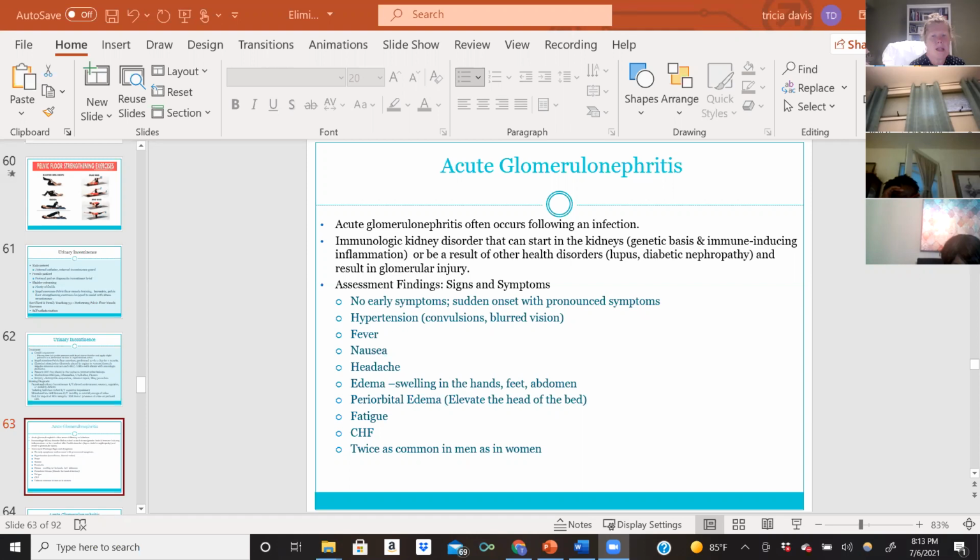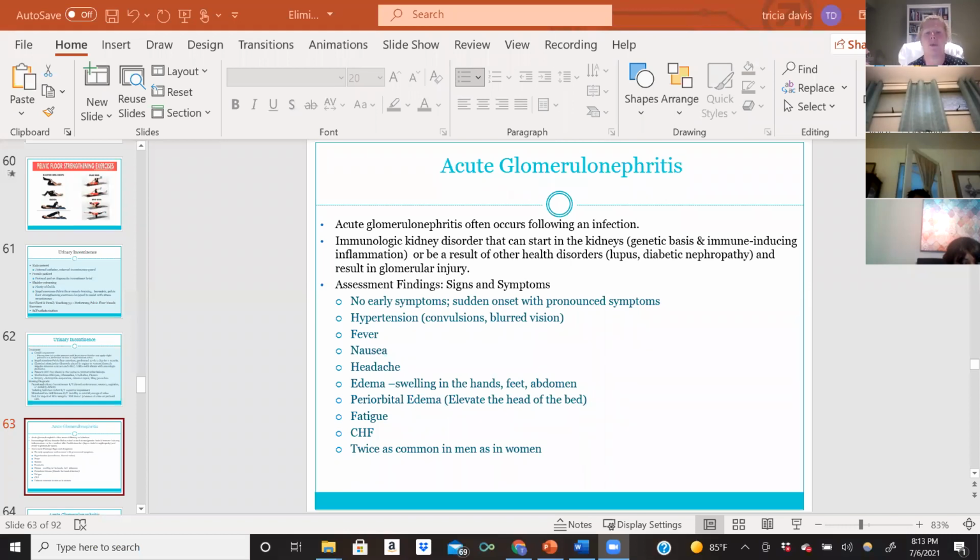So the assessment findings, signs, and symptoms that we see can include symptoms that are not really shown early. They're present very suddenly with pronounced symptoms. So the patient can present with hypertension. The hypertension left untreated can cause convulsions.